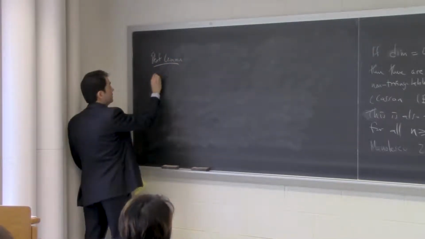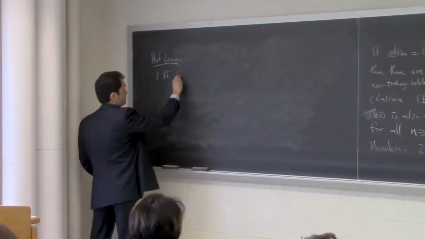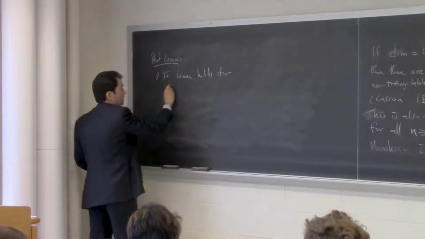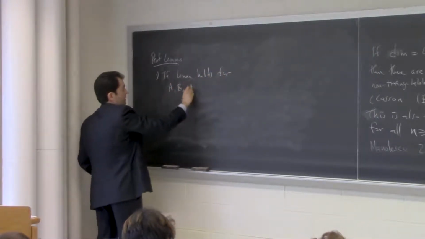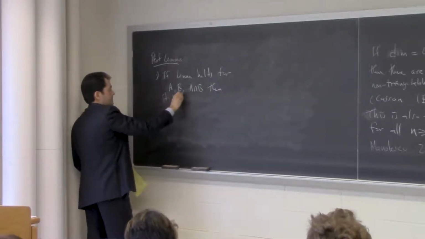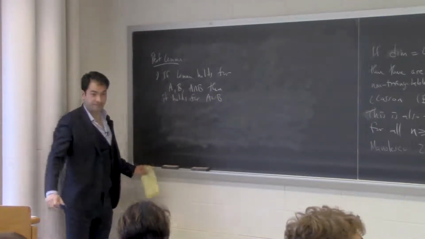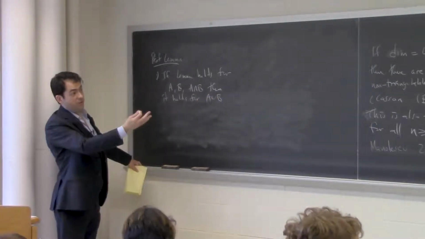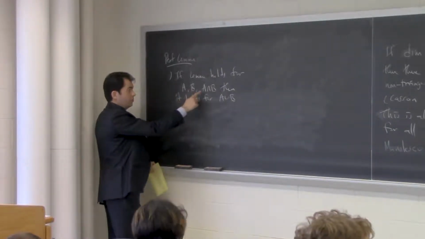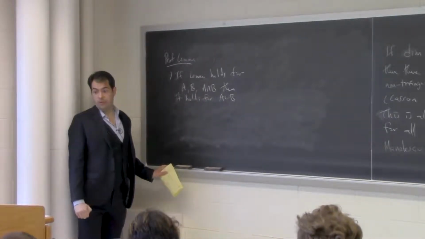The first thing we did was to note that if the lemma holds for A, B, and A intersect B, then it holds for A union B. The lemma talks about some compact set, so if you have two compact sets and you know it for those and their intersection, then using Mayer-Vietoris, you know it for the union.